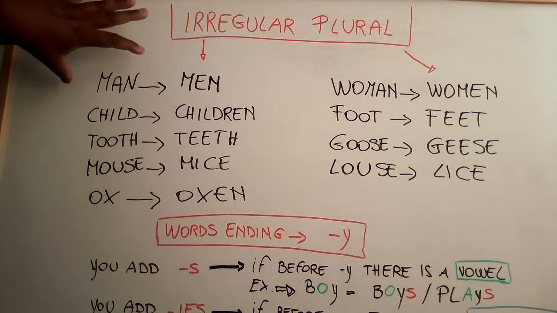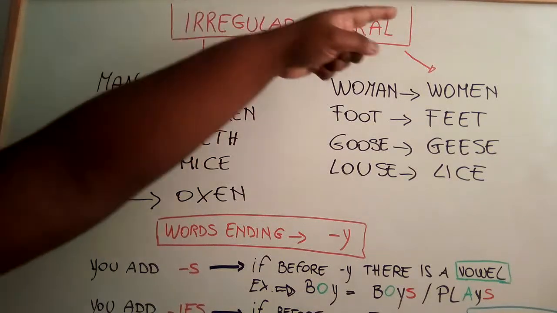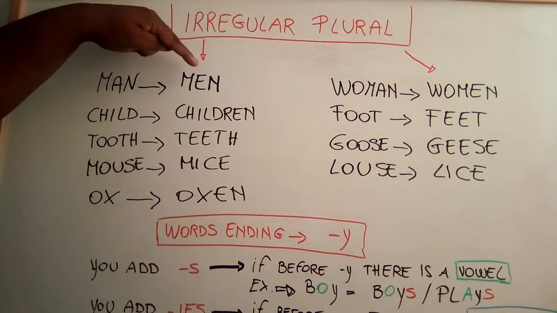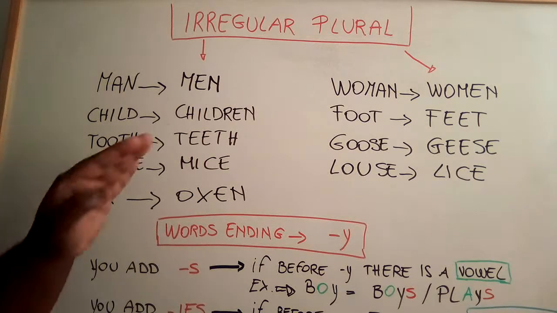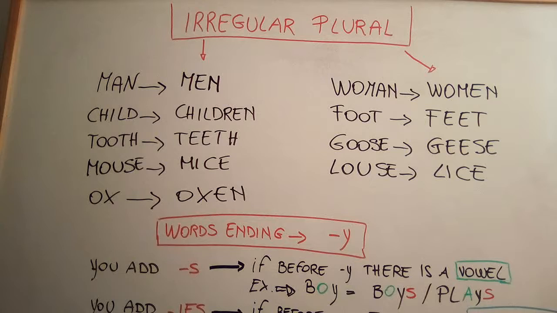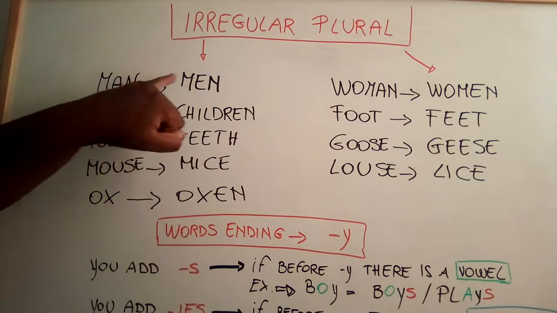Okay, this column is the singular, this column is the plural. So let's see. Man, men. The pronunciation is the same. What is different is how this word is written. But okay, A-E, man, men.